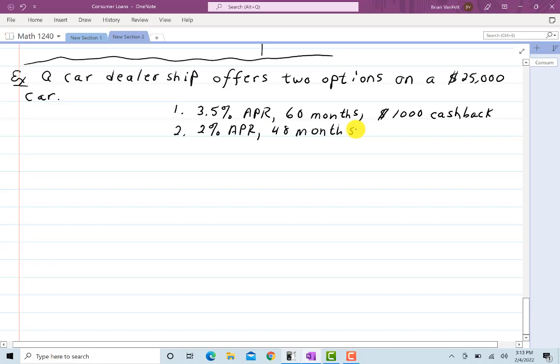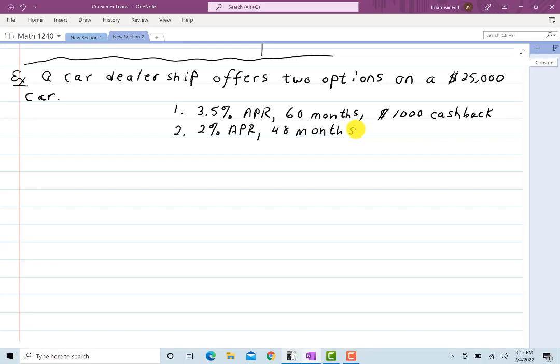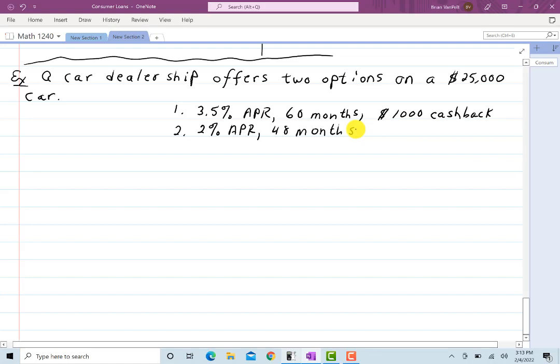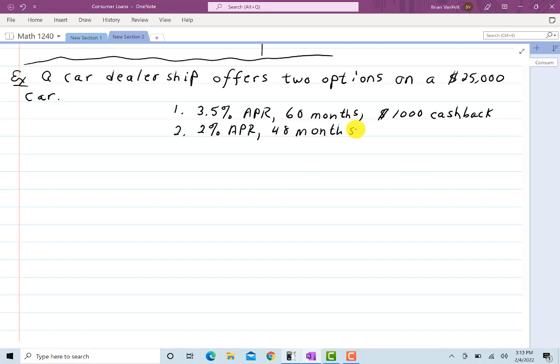Now, you should understand when they say cash back option, there are a number of ways you can do it, but almost certainly the way you're going to work it is you're going to buy the car for $25,000, and before you make a single payment, they're going to take $1,000 off the price of the car. So you're really going to take out a loan for $24,000 in the first case.